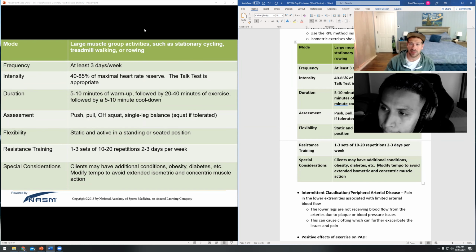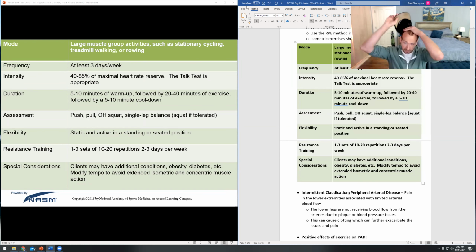And again, be aware that if they have had coronary artery disease, they probably are dealing with some other type of comorbidity, right? Diabetes, hypertension, etc. So if that's the case, just make sure you're being cautious there. And then lastly, modify your tempo to avoid any isometrics or a really long concentric action.